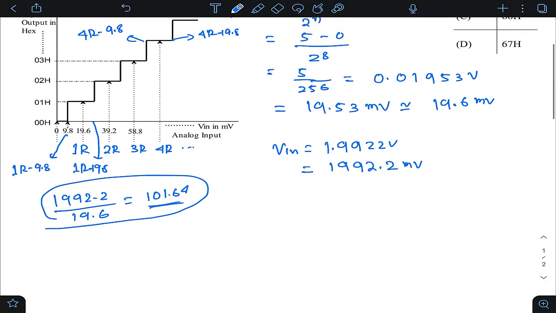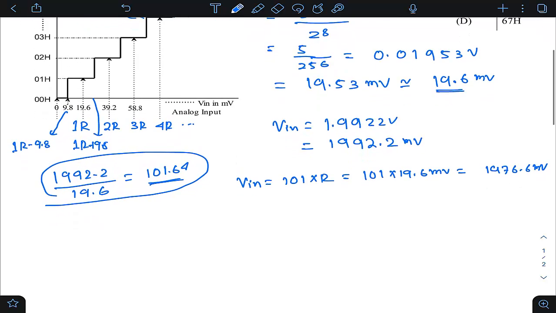Suppose the input is 101 into R. What is R? R is 19.6. So what is 101 into 19.6 millivolts? This is coming as 1976.6 millivolts.